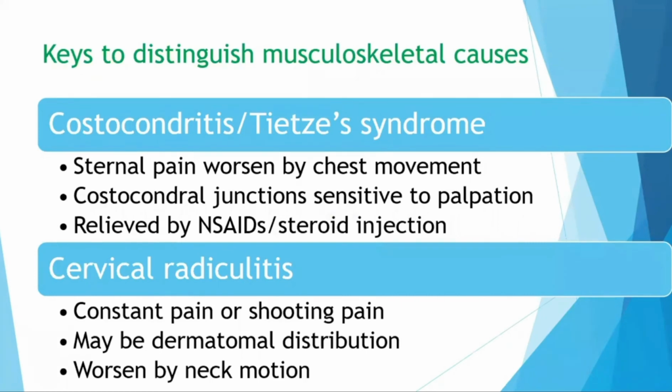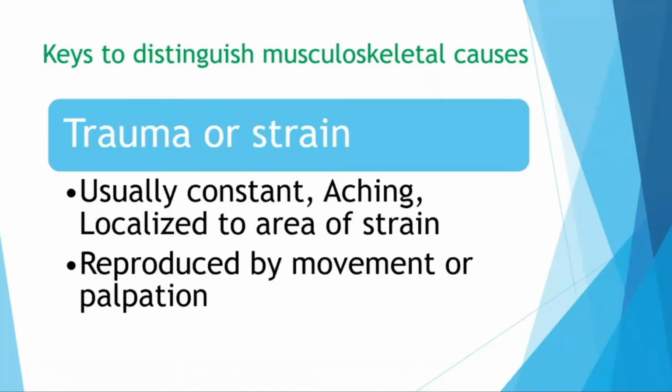Cervical radiculitis, where there is constant ache or shooting pain, may be in dermatomal distribution, worsened by neck motion. Trauma or strain, usually constant, aching, localized to area of strain, reproduced by movement or palpation.